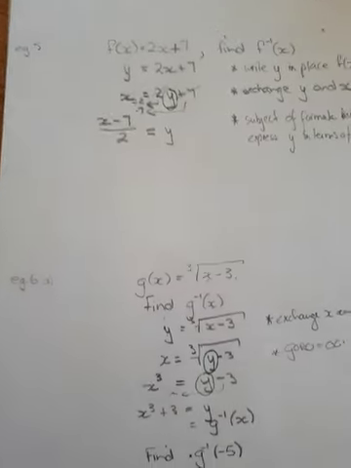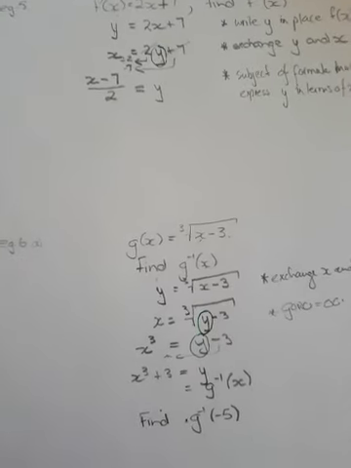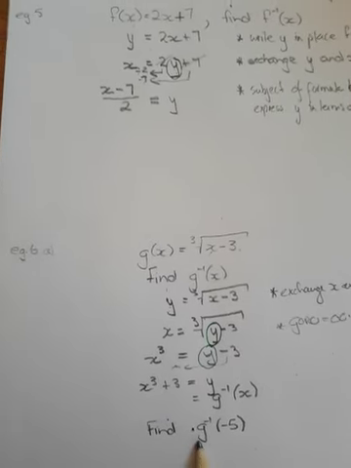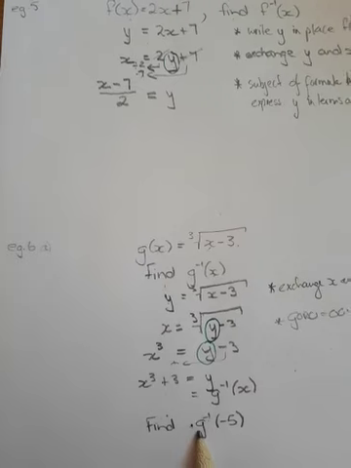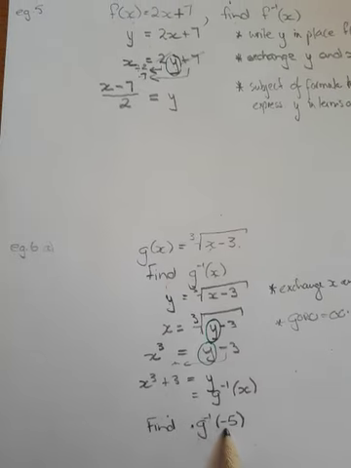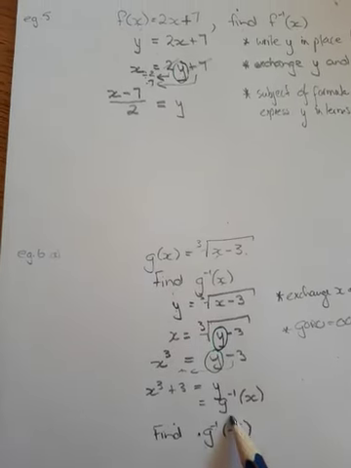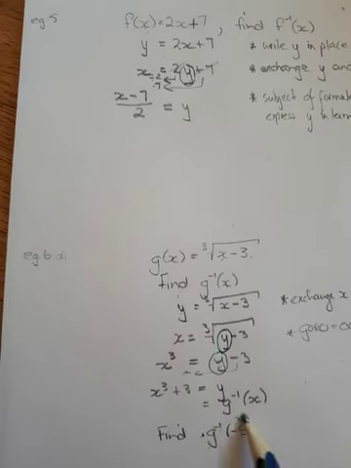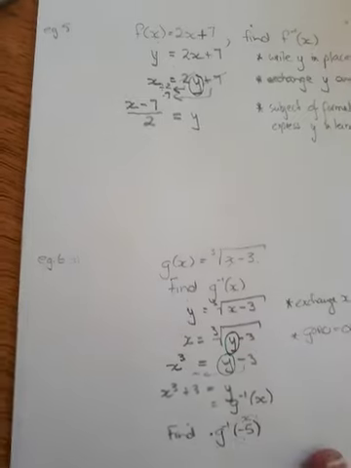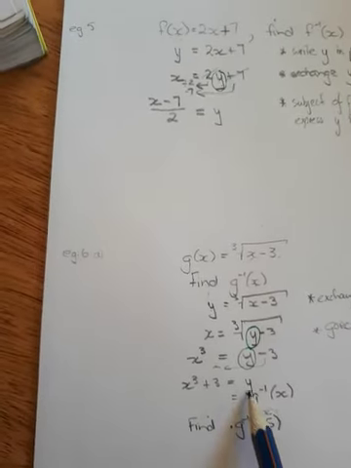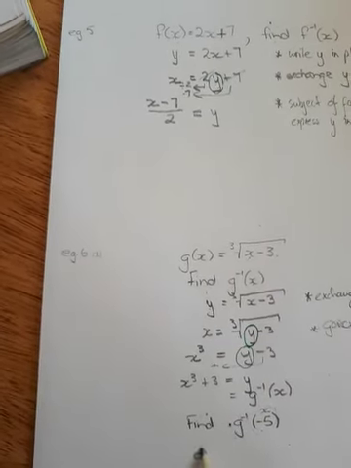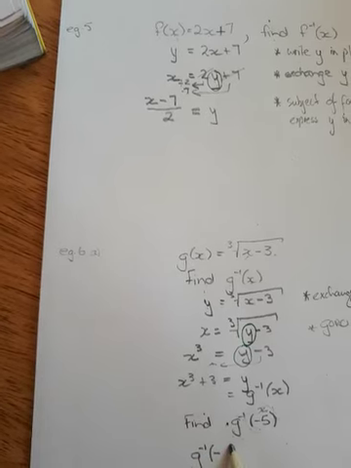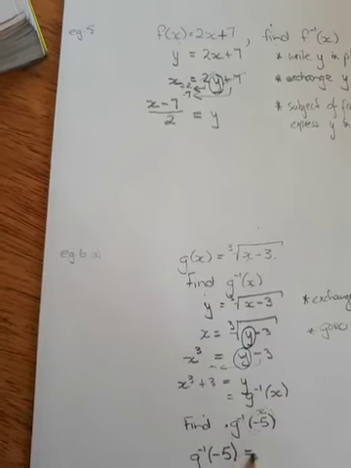Then the question goes further, and they say you must find the inverse of g of negative 5. Now remember, this is the place of the x, which means instead of the x, you're going to use negative 5. So let's use that one, g inverse of negative 5 equals.